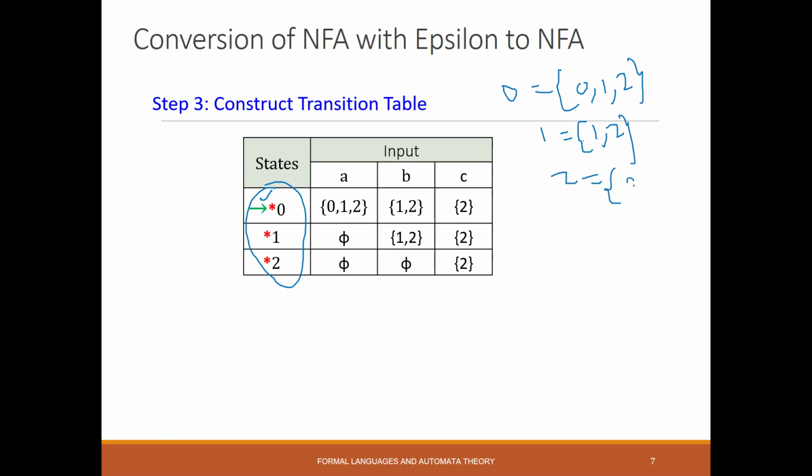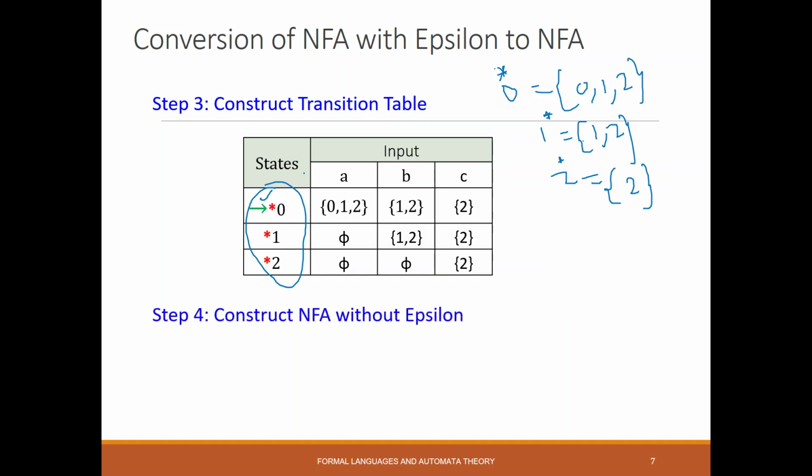In the question, which is the final state? 2 is the final state, right? 2 is available in all 3 answers, right? So all these 3 will be final states. That's what we have marked as star here. While finding epsilon closure, if the final state is there in the answer, we can simply mark it.